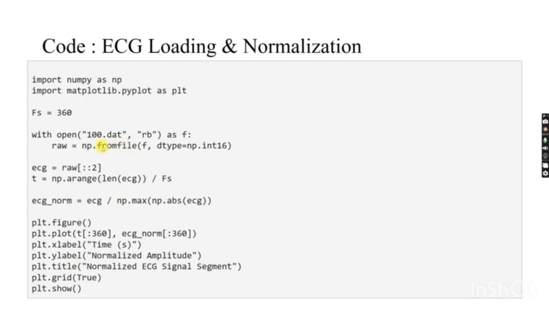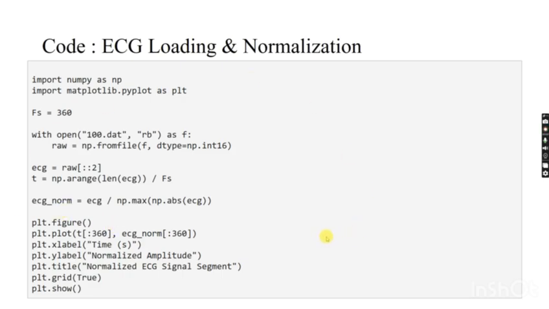This array's rows contain the interleaved ECG signal values. This corresponds to lead 2. The array T represents the time axis of the ECG signal. Then we normalize the signal by dividing it by the maximum absolute value. After that, plotting a short segment makes the waveform easier to visualize.